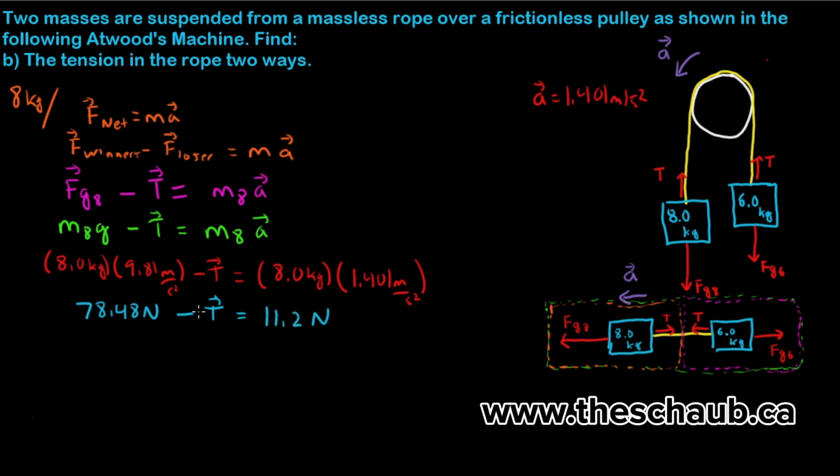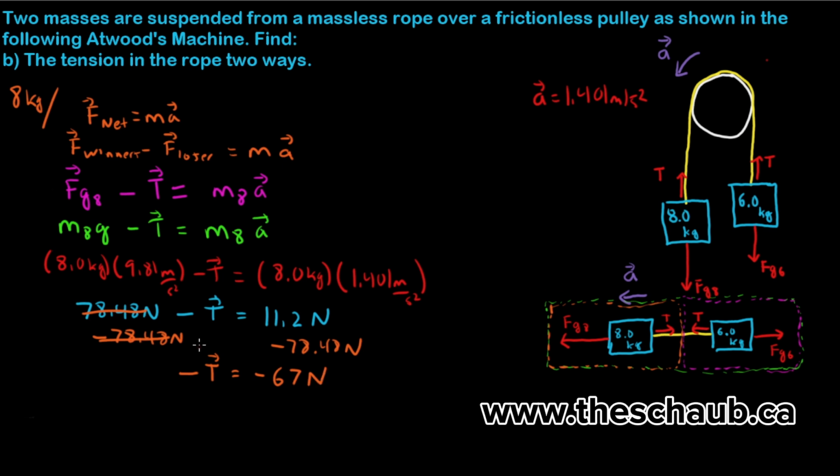To get our value for T all alone, we subtract 78.48 newtons from both sides of the equation. So on this side, 78.48 subtract 78.48 is just 0, leaving us with negative T. And on this side, 11.2 minus 78.48 gives us negative 67 newtons.